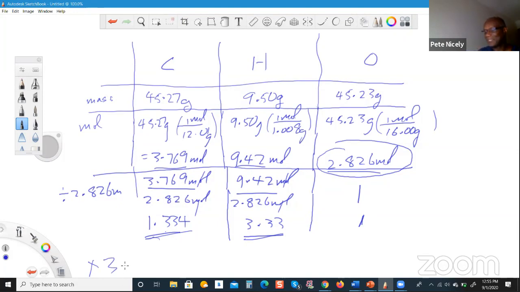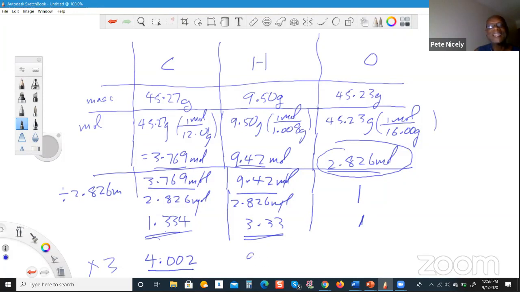And let's see what happens here. If you multiply 1.334 by 3, you're going to get 4.002, and you'll see that this is very close to an integer. Let's look at the 3.33. 3.33 times 3, what do we get?